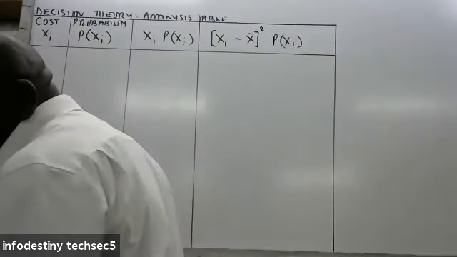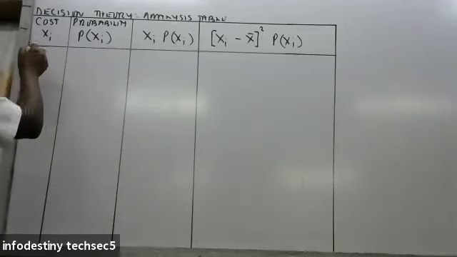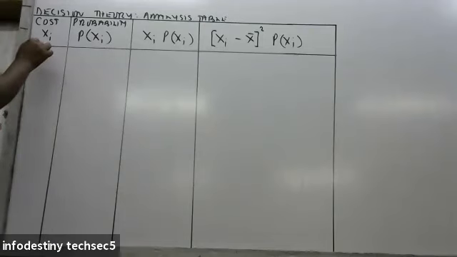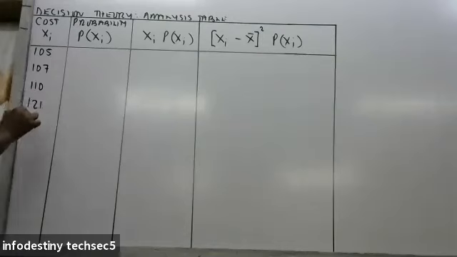So the costs are 105, 107, 110, 121, 125, 126, 142, 156, 158.